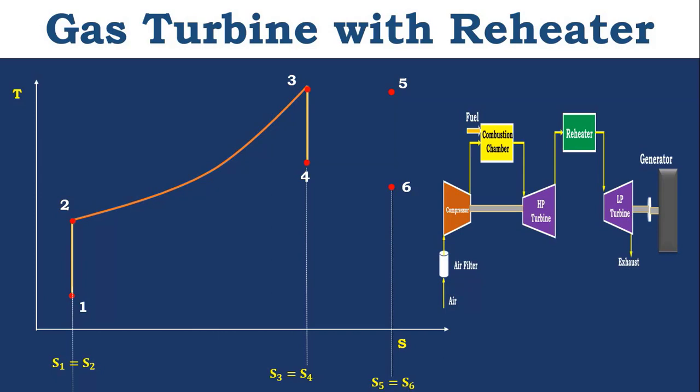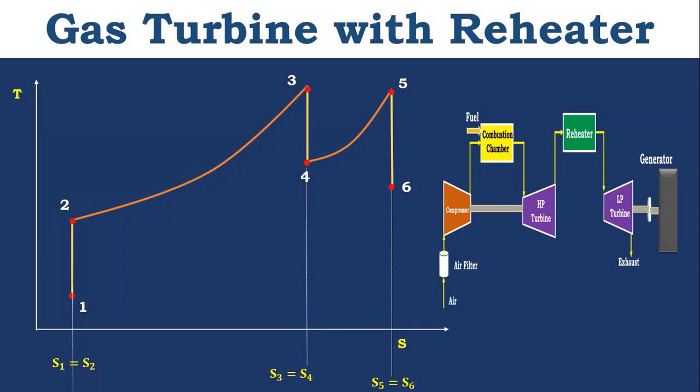Again the reheater, constant pressure reheating of the air. So again there is a rise in temperature from T4 to T5. Entropy also increases from S4 to S5. In the low pressure turbine, we know that again it is isentropic expansion, entropy is constant, S5 is equal to S6. There is a drop in temperature from T5 to T6.